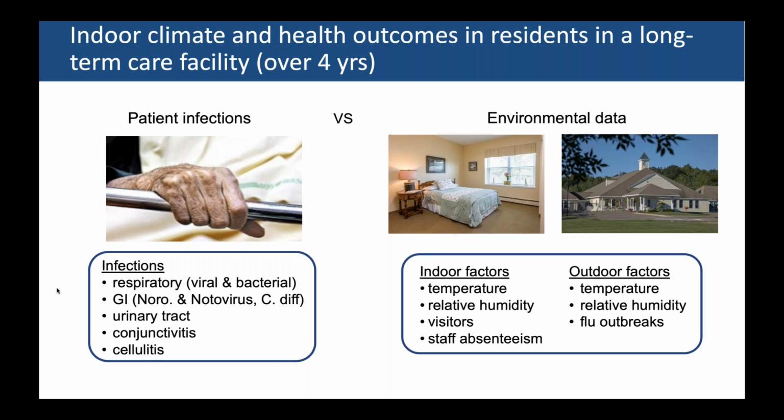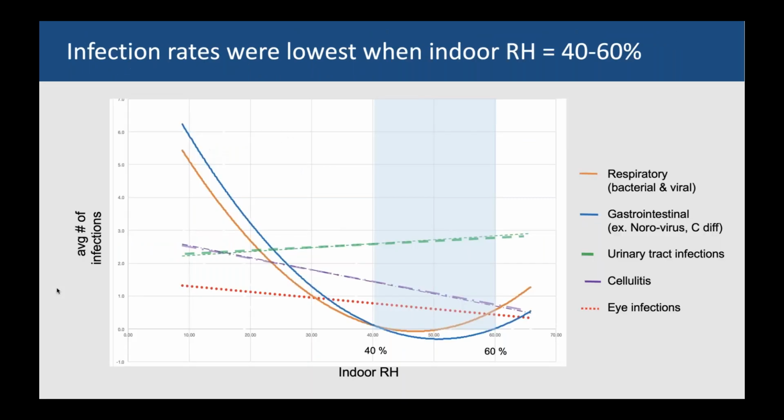And then we correlated the infection rate with indoor and outdoor factors. And once again, it came back showing that when the indoor relative humidity was less than 40%, especially respiratory and GI infection rates were high. And that there is something about this 40 to 60% relative humidity zone that was very protective for the patients.